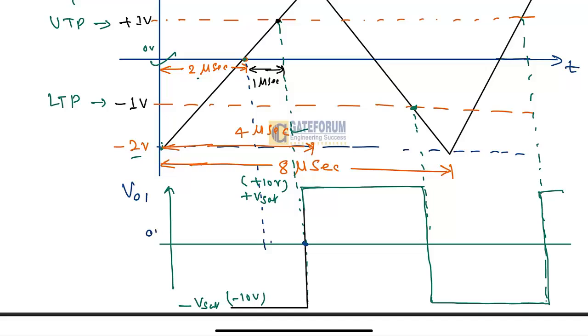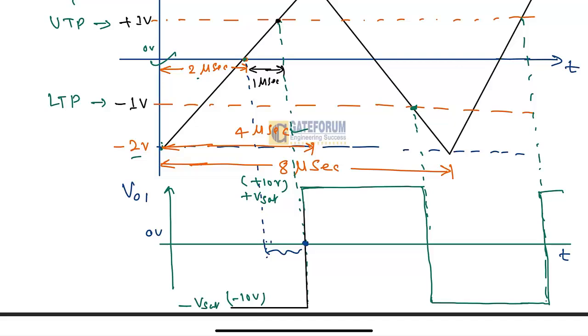This is the 0 volt line and this is the time axis. So after how much time is it crossing? The zero line for the input is crossed at 2 microseconds, with respect to minus 2 volt reaching 0. VO1 crosses the 0 point at the 3rd microsecond; it is transitioning from minus Vsat to plus Vsat at the 3rd microsecond.